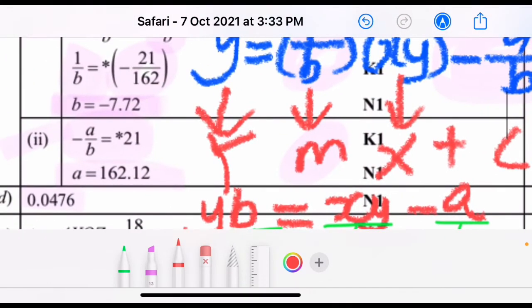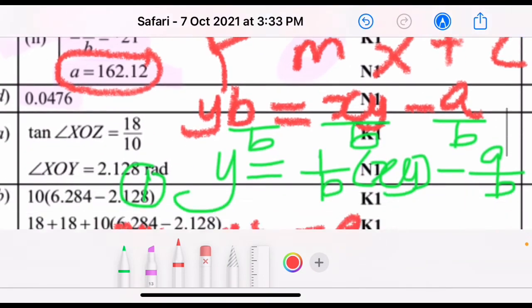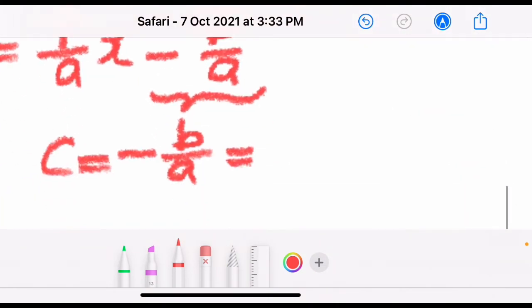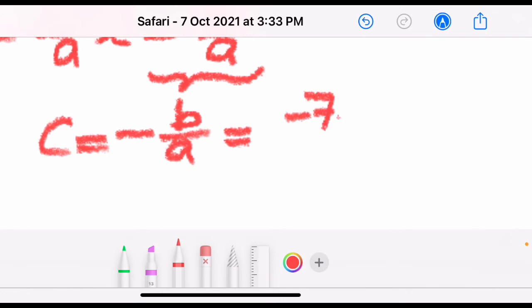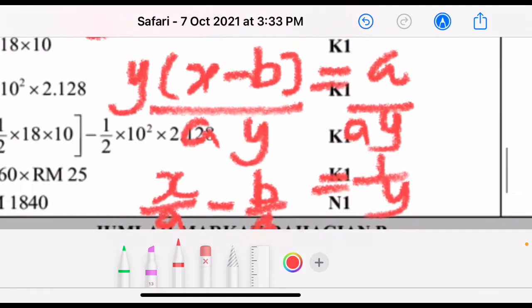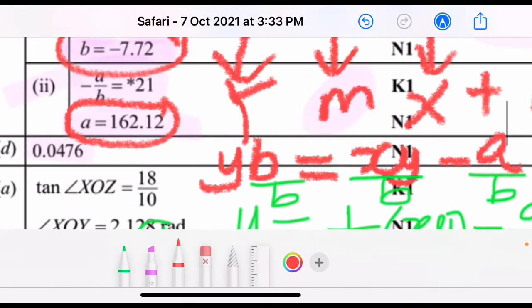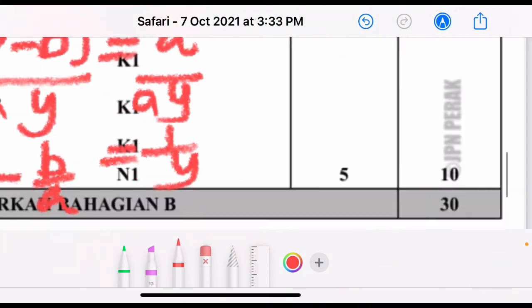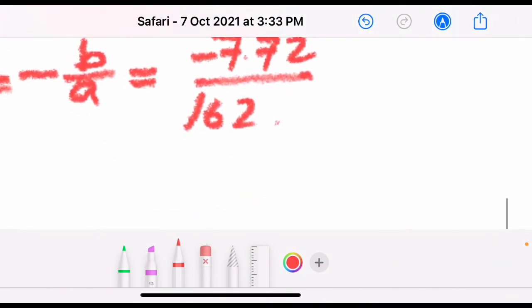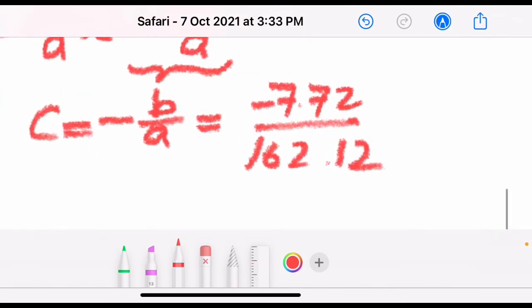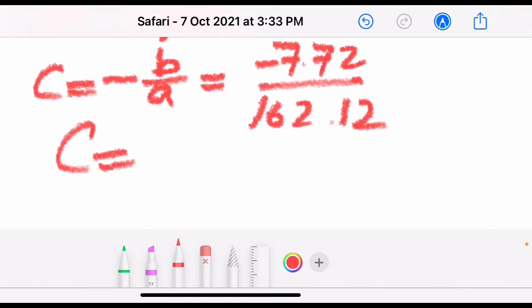The constant that we got is here, negative 7.72 over 162.12. So we will get the y-intercept for this C, which is a bit different from just now.